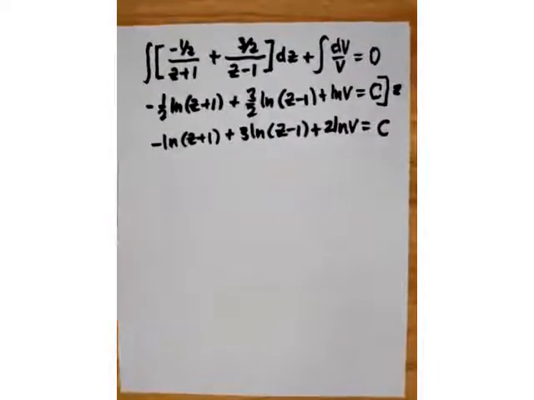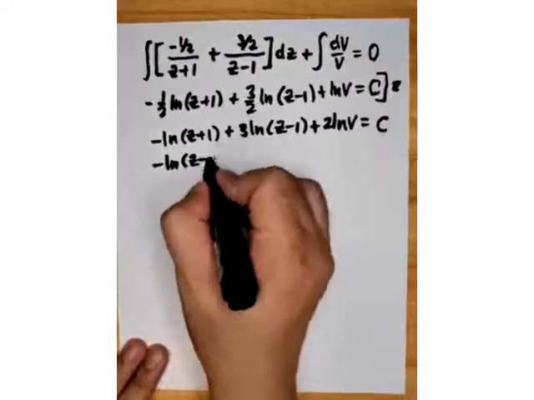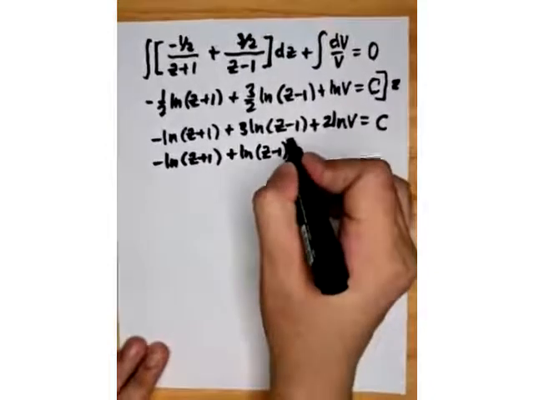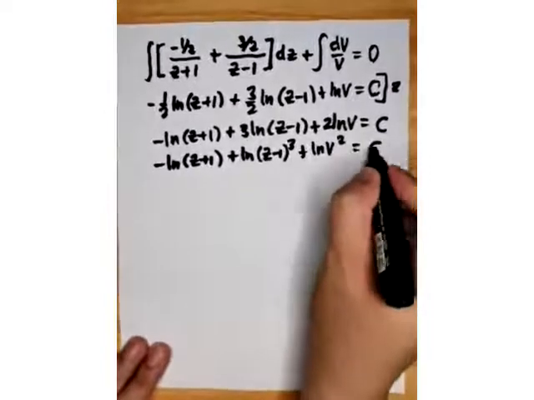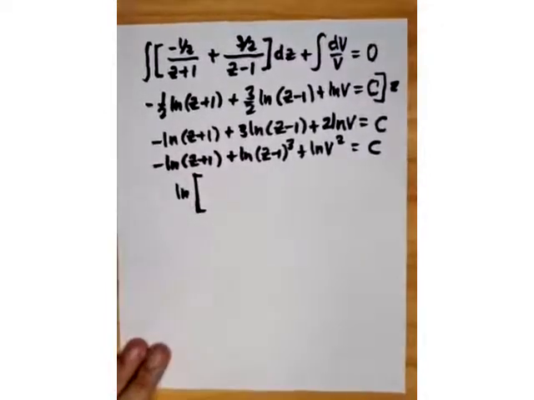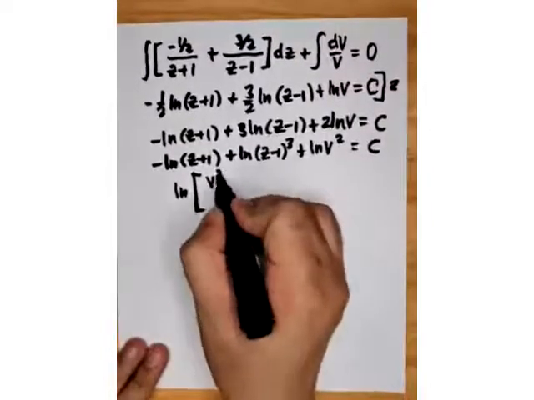Since pare-pareho silang ln, so we'll also simplify. So negative ln of z plus 1 plus ln of z minus 1 cubed plus ln of v squared is equal to c. So ln times ln of the quantity. Since parang positive ito sa numerator sila.